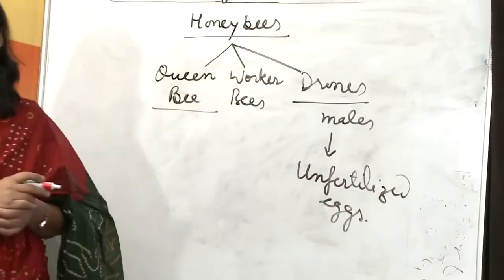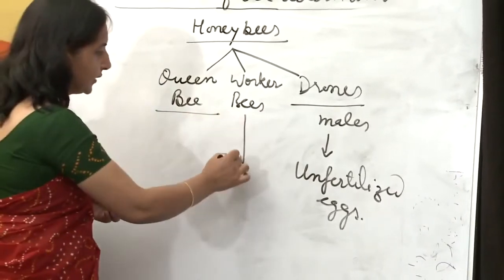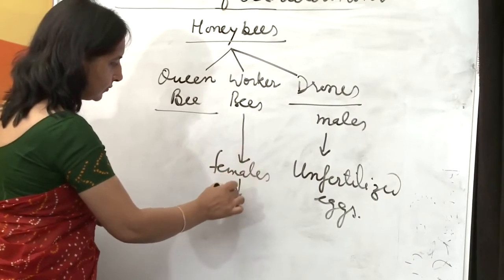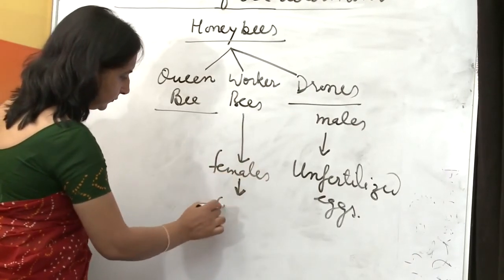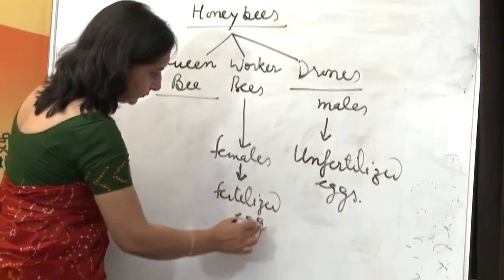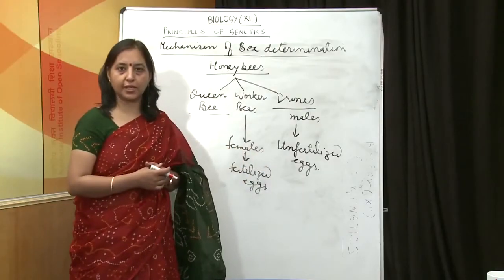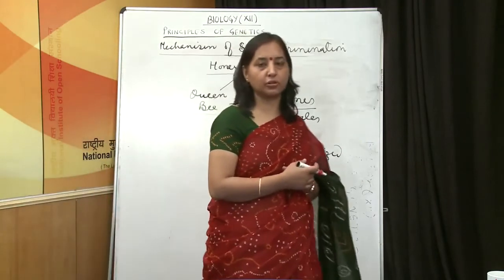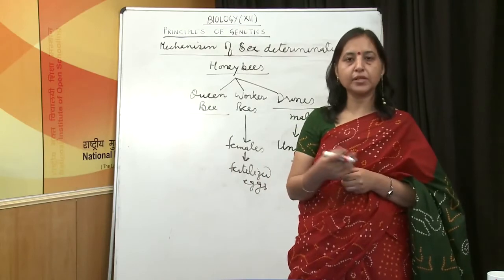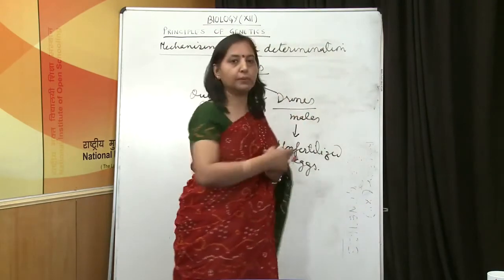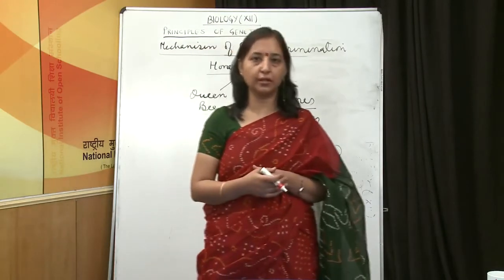The queen bee lays the eggs, and worker bees are also females that develop from fertilized eggs. So here the mechanism of sex determination is quite strange, quite astonishing, because the sex is determined by the number of chromosomes found in an individual.